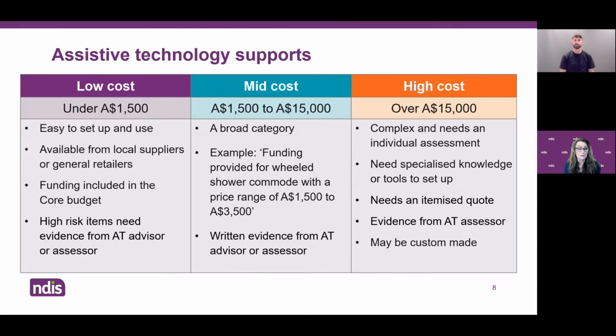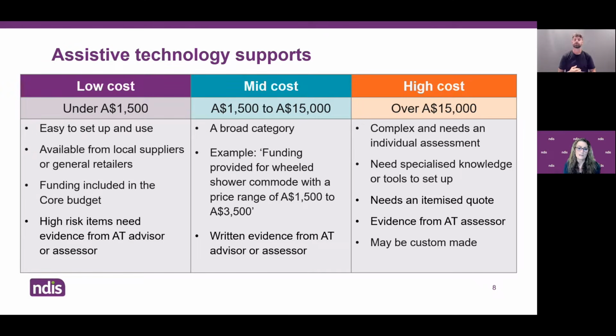Next, we have mid-cost AT. This is between $1,500 and $15,000 per item. Mid-cost items may be more difficult for a participant to choose and set up on their own to get the best outcome.